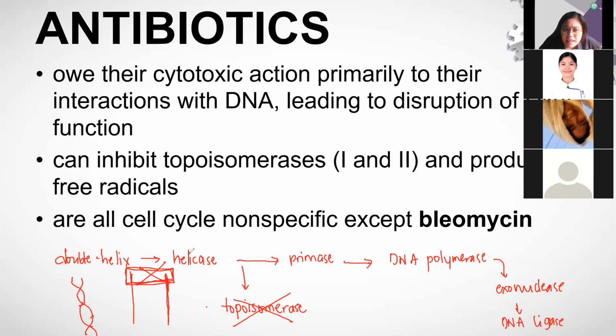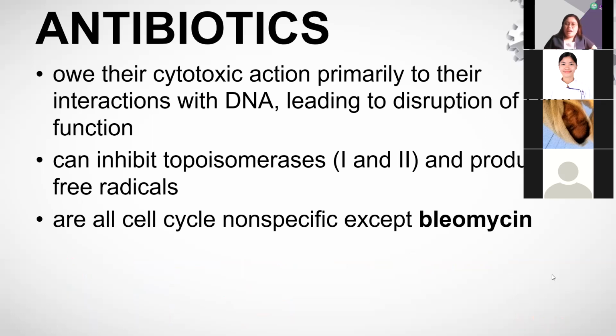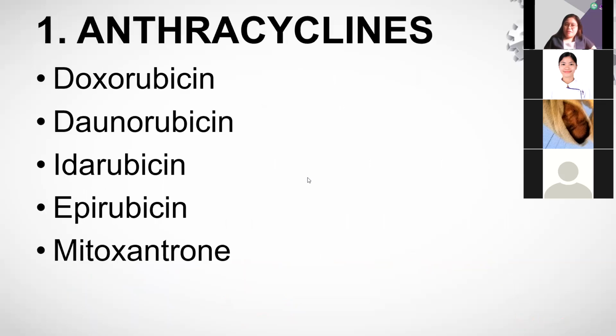Once we don't have the topoisomerase, there is nothing to hold the strands apart, so they will form a double helix again, and there is no DNA replication. That is mostly the work of antibiotics. Topoisomerase is like the friend who tells you not to go back to your ex. So if we inhibit topoisomerase, the two strands will go back together and there will be no DNA replication. So except bleomycin, all of them are cell cycle non-specific.